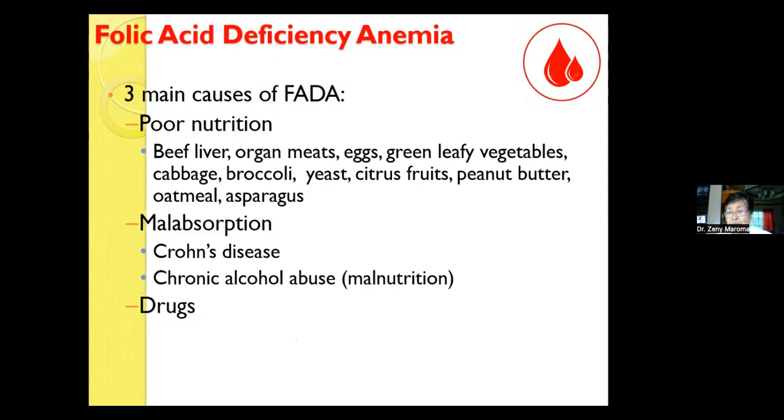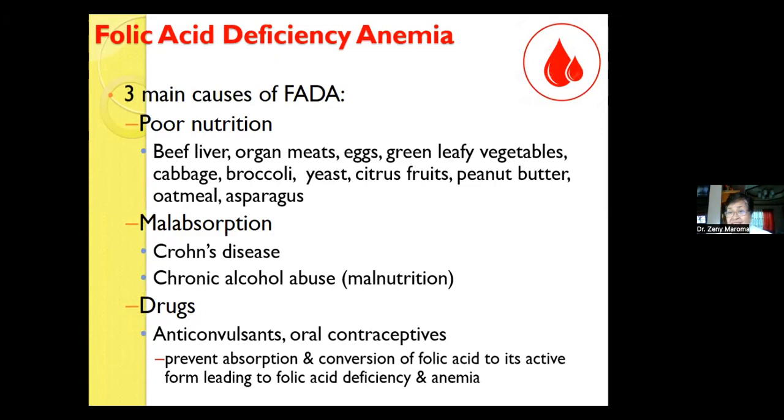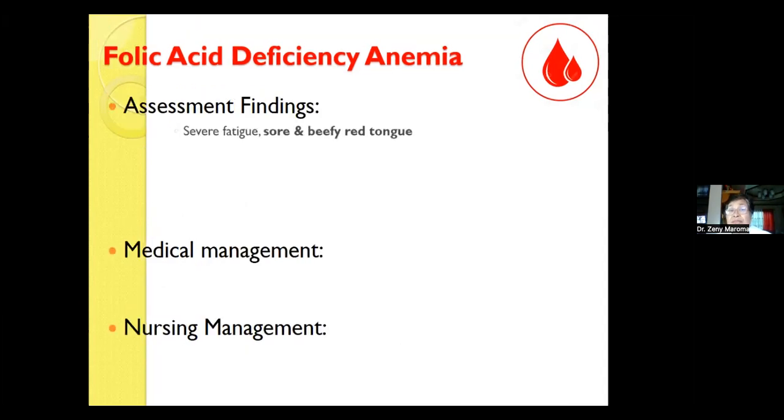Okay, there's malabsorption, like when there's chronic inflammation of the small intestine, like Crohn's disease, or alcoholism, and the effect of drugs, like anticonvulsants and oral contraceptives. These drugs prevent absorption and conversion of folic acid to its active form, leading to folic acid deficiency anemia.